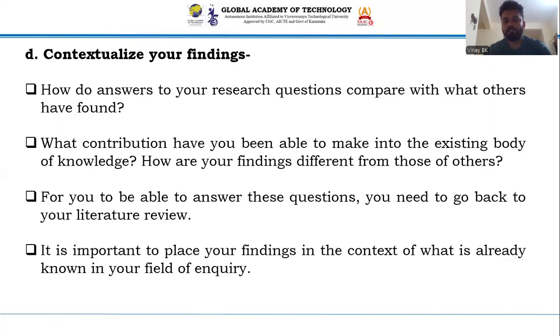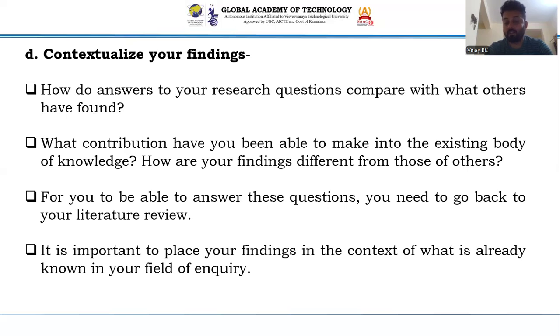This is how to answer your research questions: compare with what others have found, and what contribution you have been able to make to the existing body of knowledge. How is your finding different from others? If you are reading a paper on a buck converter with 89 to 90% efficiency, your contribution is to increase the efficiency by 2 or 3%.